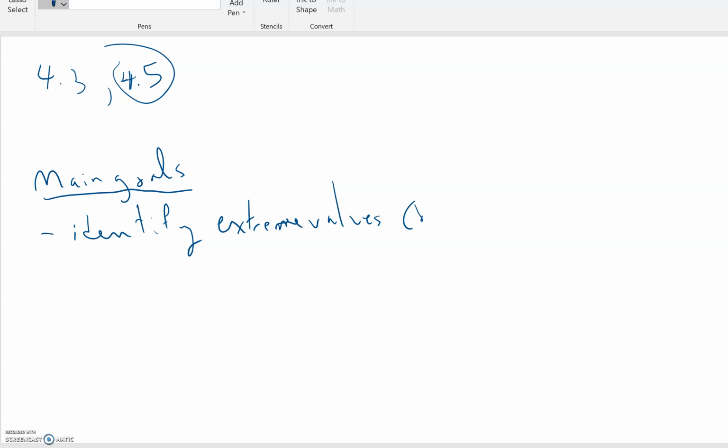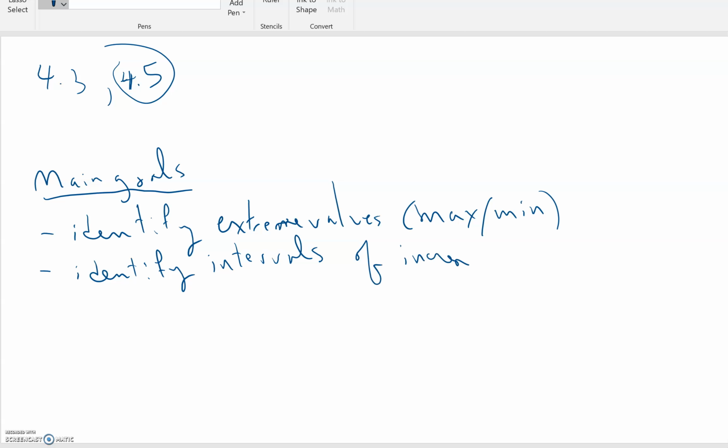So this is maxes and mins, local and absolute, and identify intervals of increase and decrease, which we've already talked about to some extent, and we want to add to this.